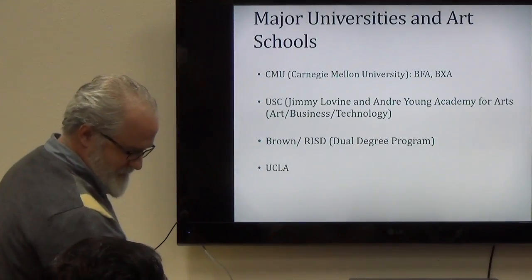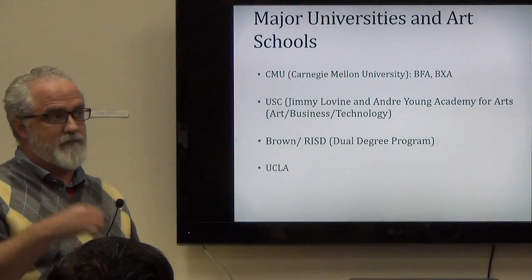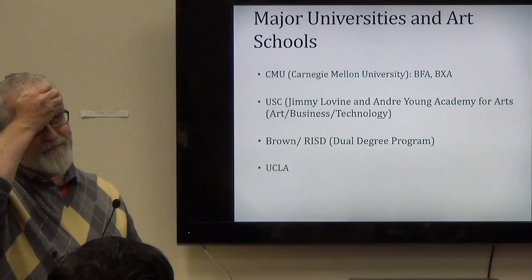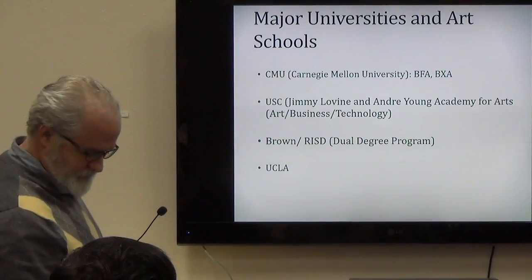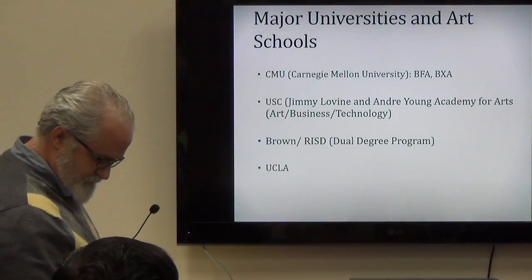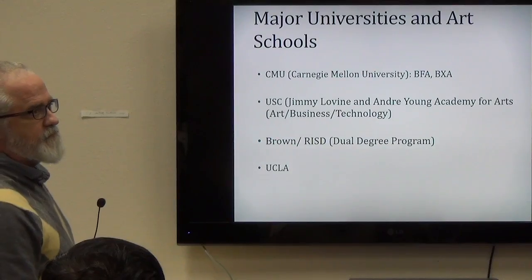And also, like CMU, their acceptance rate is about 12 to 13%. And then for USC, there is a new program. It's Art, Business, and Technology, which is a very new program and a very top program. The acceptance rate is under 10%.